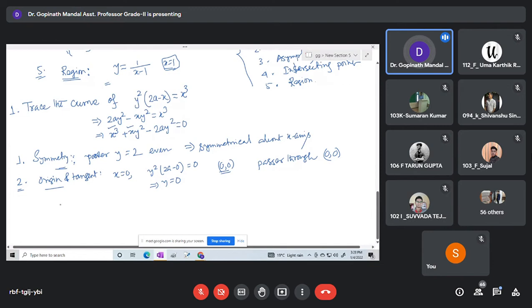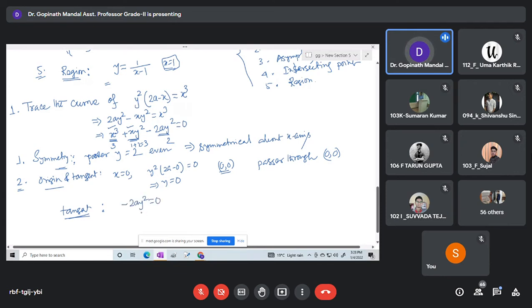Now we will find the tangents. So here first term is of order 3, second term is of order 1 plus 2 equal to 3, and third term is of order 2. So we have to find first the lowest order term. For tangent, the lowest order term is equal to minus 2a y square.